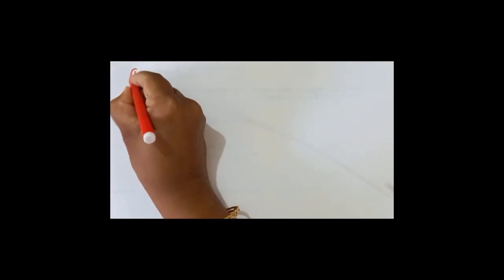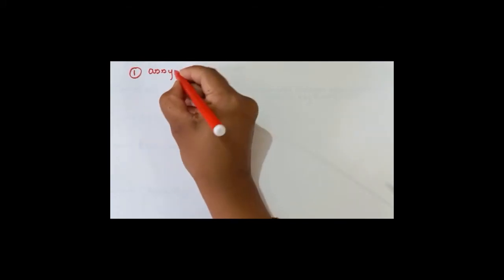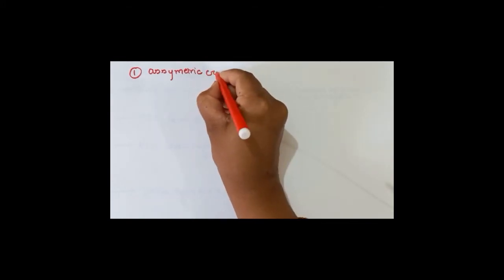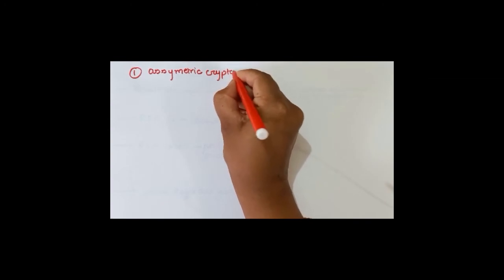Okay, so let's start. Public key cryptography is also called asymmetric cryptography. The first thing you have to remember is that public key cryptography is also called asymmetric cryptography.